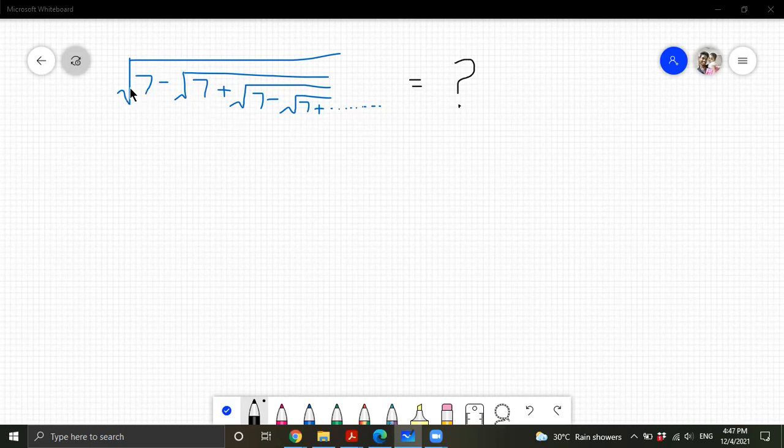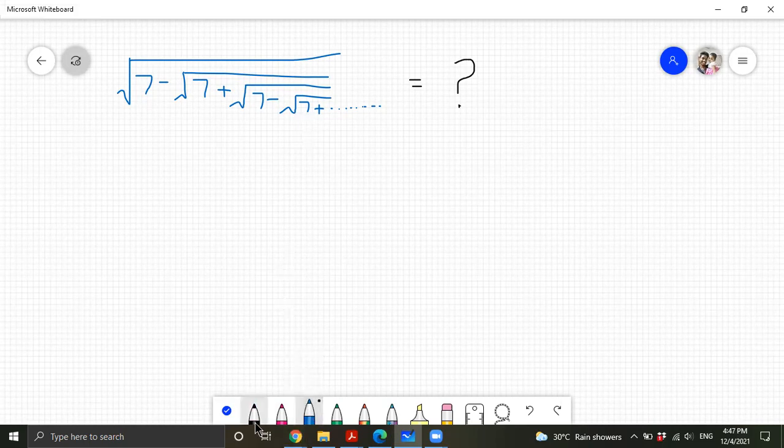That means if there's first a minus, then a plus comes, then the minus comes, then the plus comes, going like that. So we need to find a pattern inside it, and we'll try to replace this. I hope you guys have seen a question like this in your past or in your experience. Anyways, let me try to solve this.